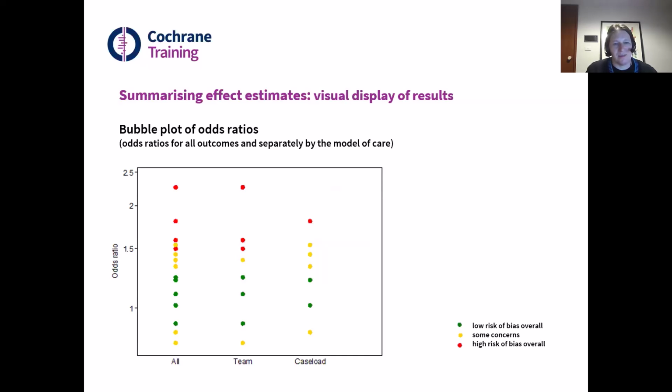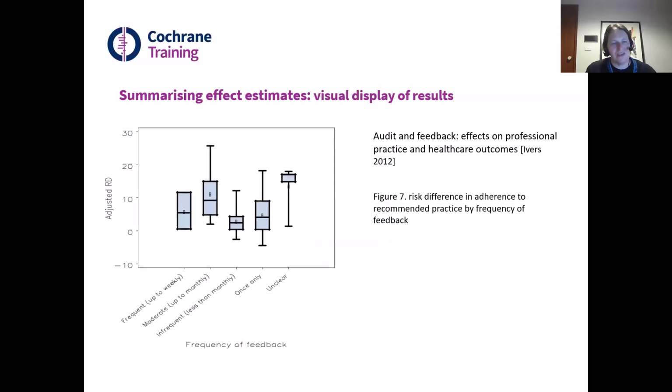And then we've also split this by the particular type of model of care, so whether it's team-based or caseload. What you can see here is it doesn't really look like there's a lot of difference between the effect estimates. So it might be the case that the particular model of care doesn't explain variation in the effect estimates, just as a visual impression.